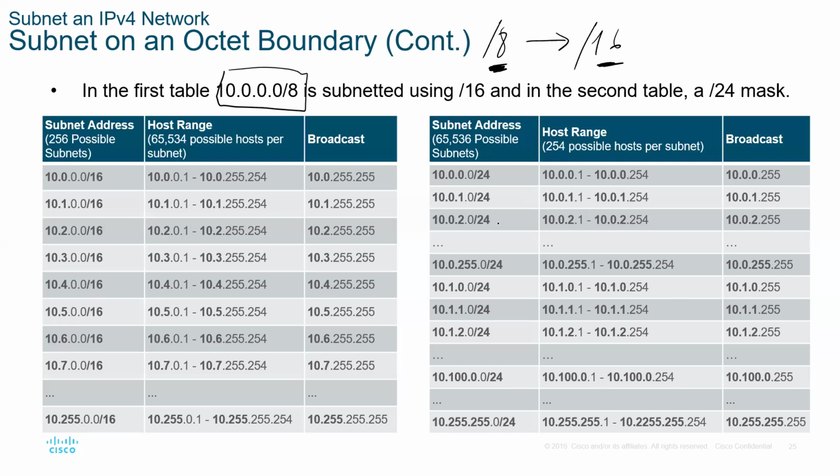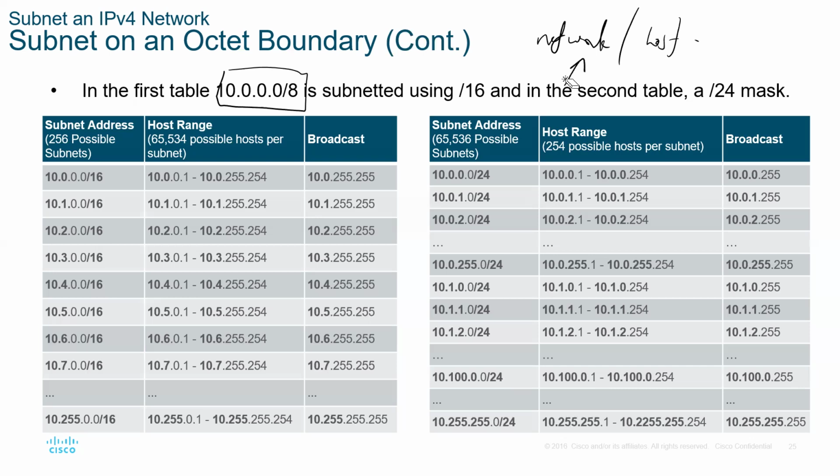I think one thing I missed when I was explaining the relationship between the number of bits of the network and the number of bits of the host. This is the network portion. This is the host portion.